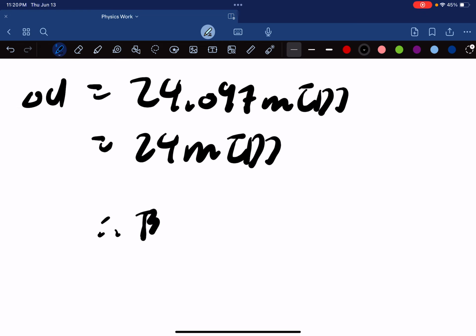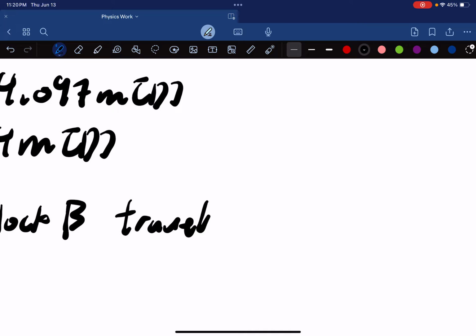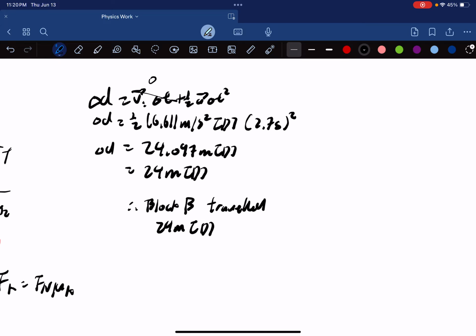Thereby, block B traveled 24 meters down, and this is it.